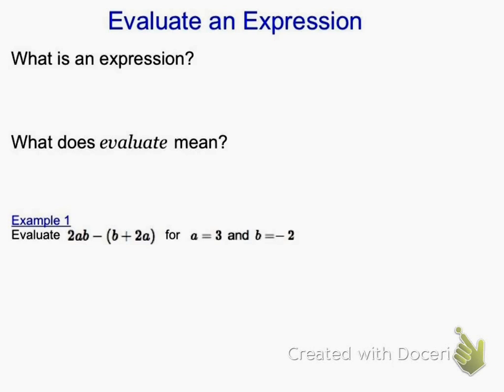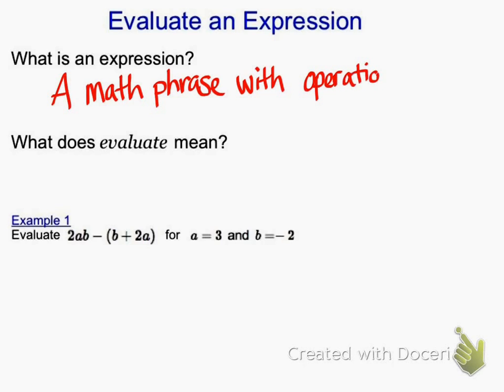So first, before we understand how to evaluate an expression, we need to understand what an expression is and what does evaluate mean. An expression in math is a math phrase with operations, numbers, and/or variables. Of course, the variables are the letters, A, B, C, X, Y, and Z. So we're going to have this problem, these operations and numbers and variables that we have to evaluate.